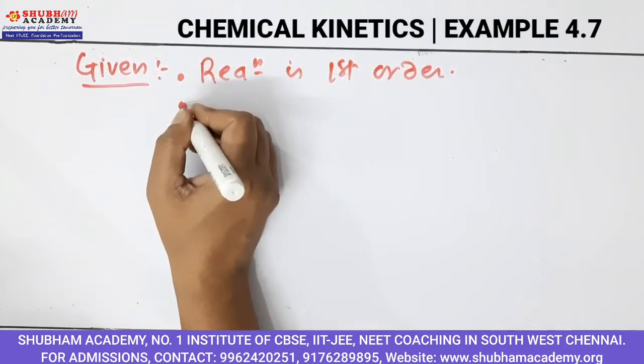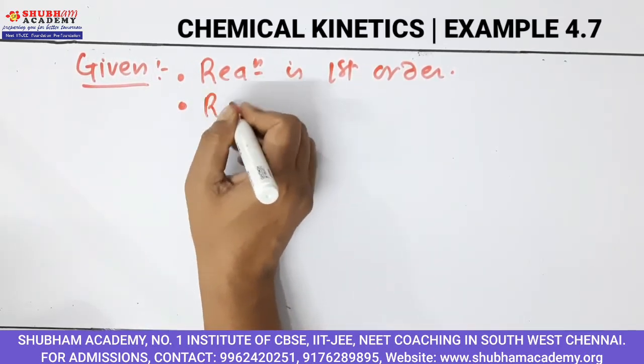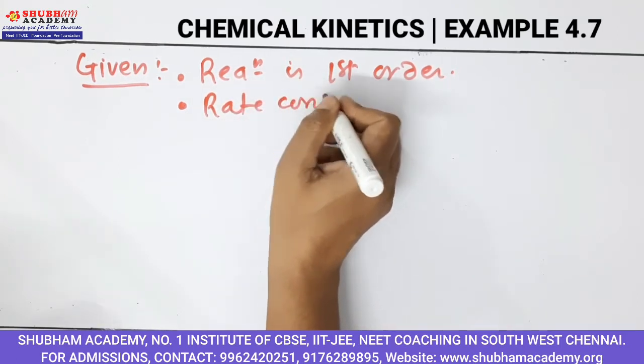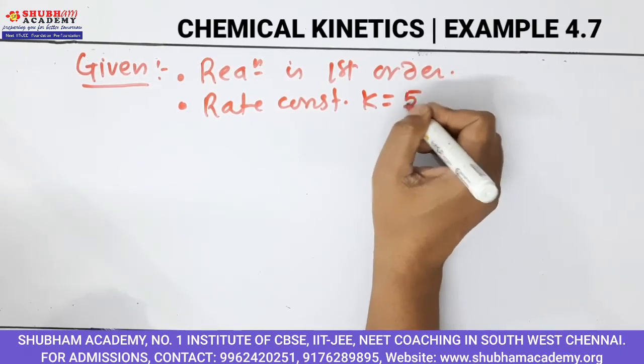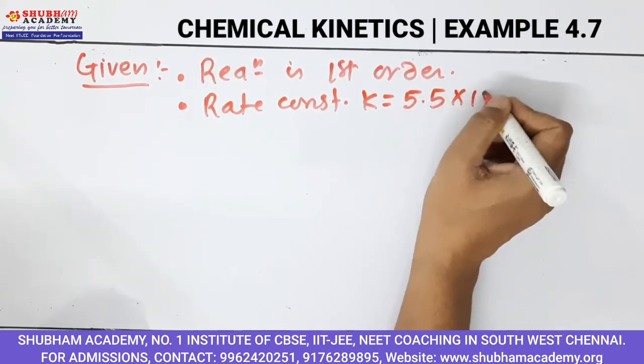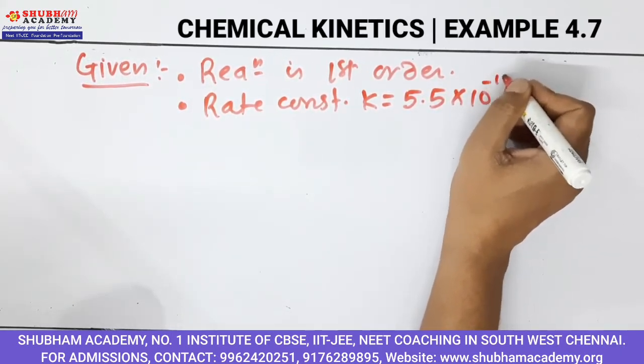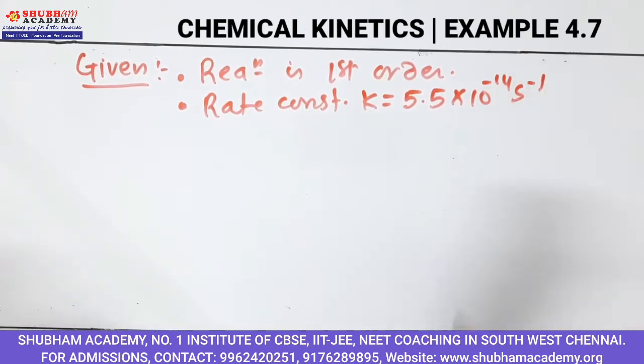What else is given? Rate constant. So rate constant K is equal to 5.5 into 10 power minus 14 second inverse.